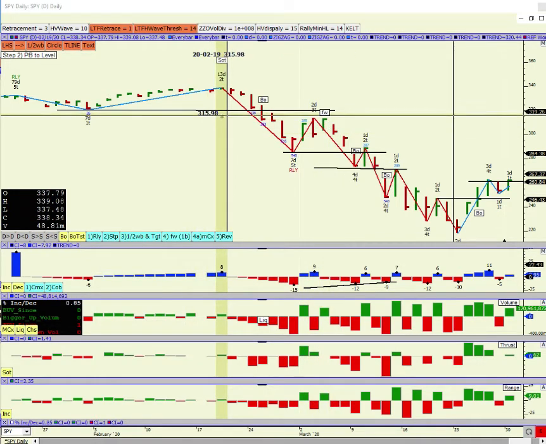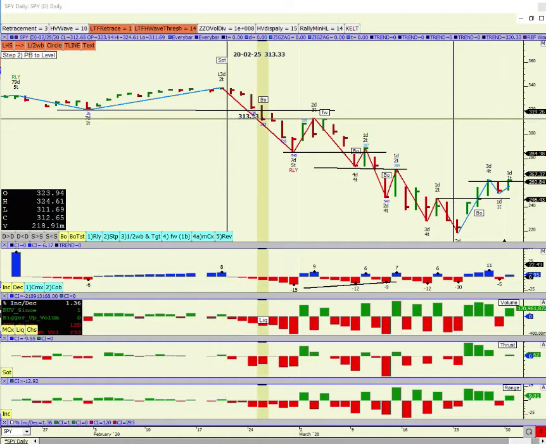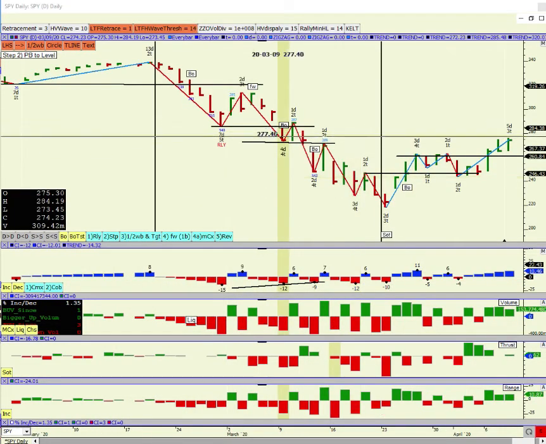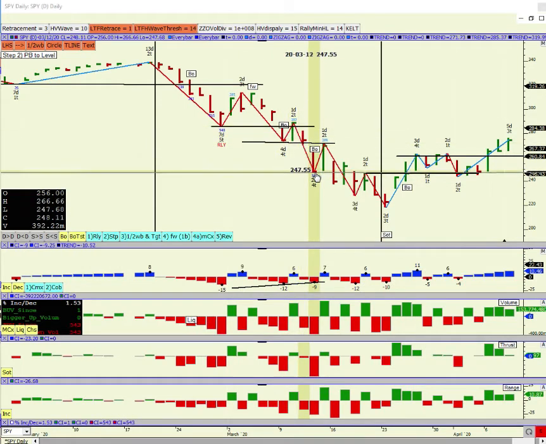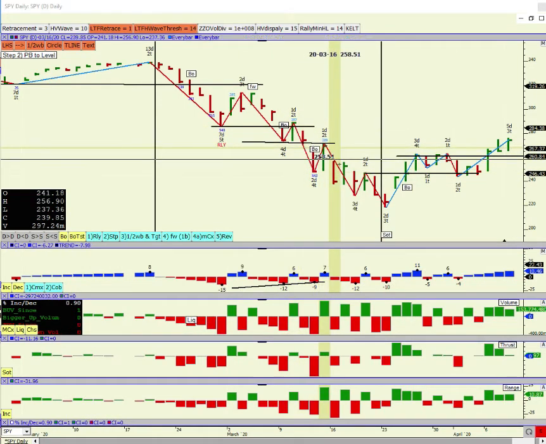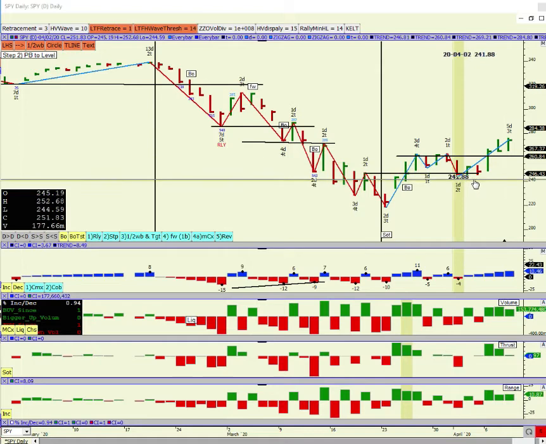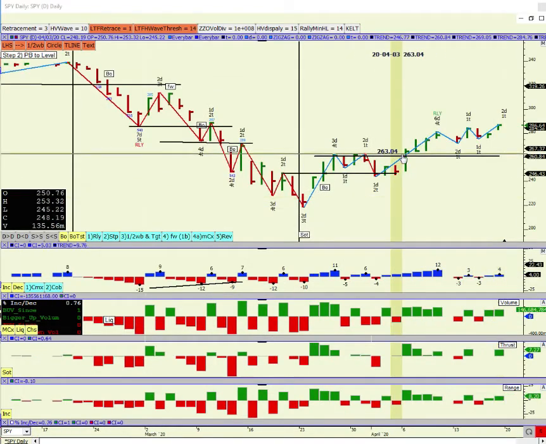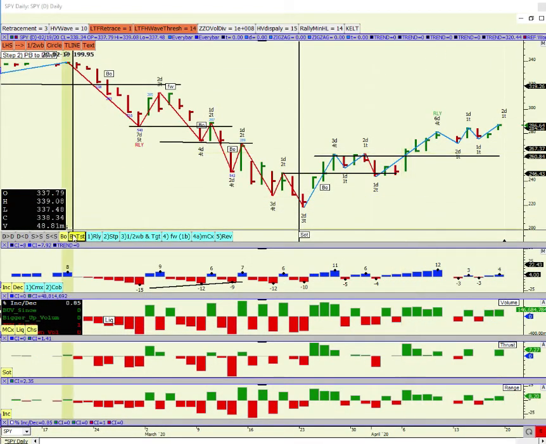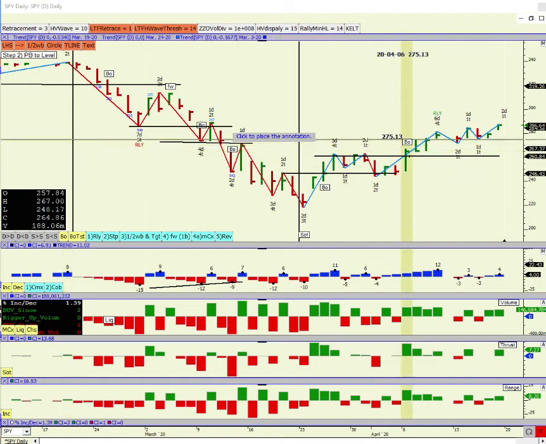Breakout area, tested the low of this bar right there, and reverse. Again, breakout, test, reverse. Breakdown, breakout, test, reverse. Breakout, test, reverse. This is the breakout now.